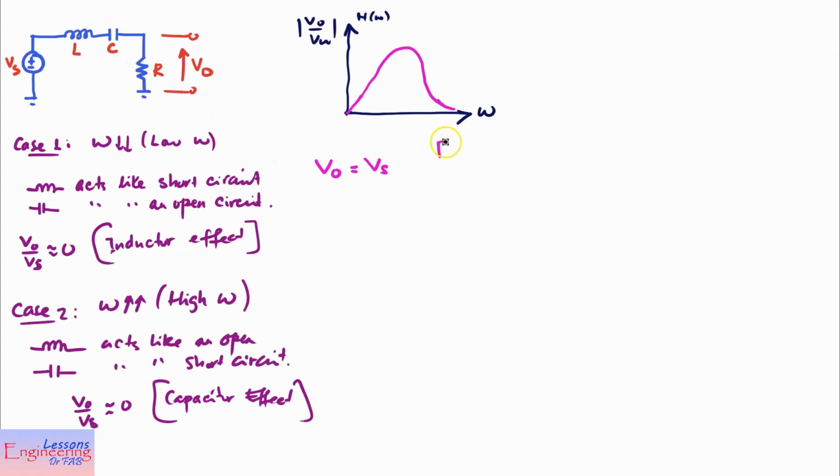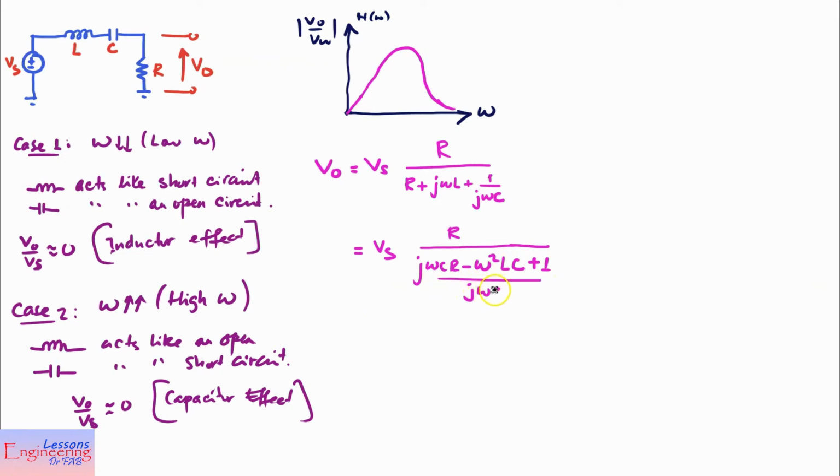So R over R plus J omega L plus 1 over J omega C. This can be simplified as Vs times R over, multiplying the denominator by these values: J omega CR, and J times J will be minus 1, omega square LC, minus J omega square LC, and plus 1 over J omega C.